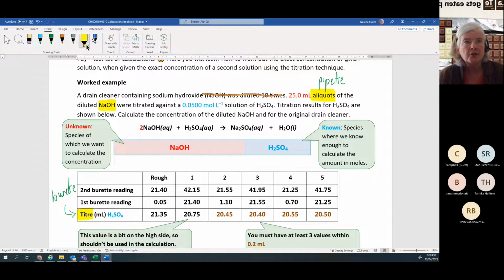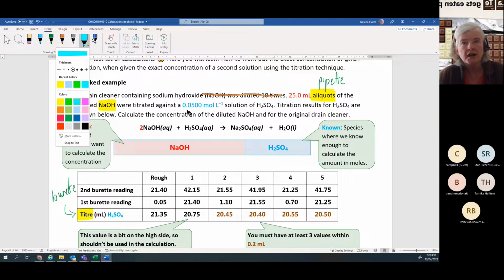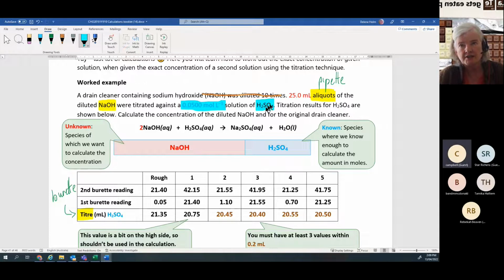We do have, though, another solution, which is an acid. So I have that value related to that substance. And I also have volumes given. I have given the sulfuric acid volumes, which is down here.